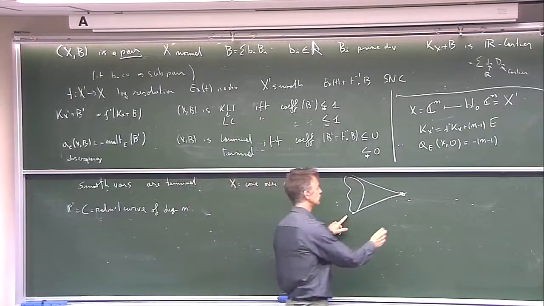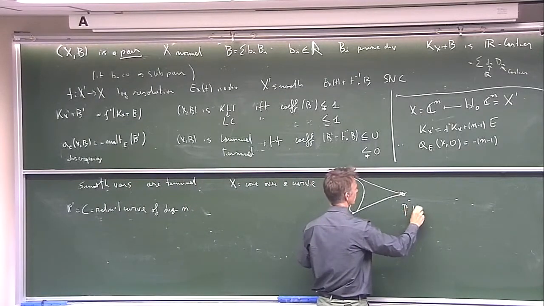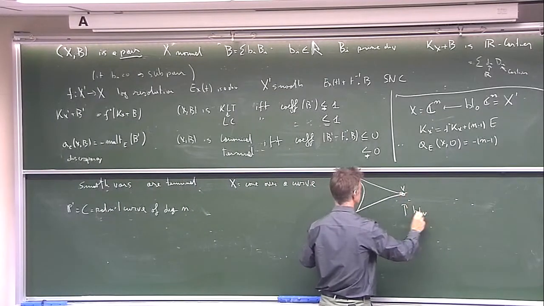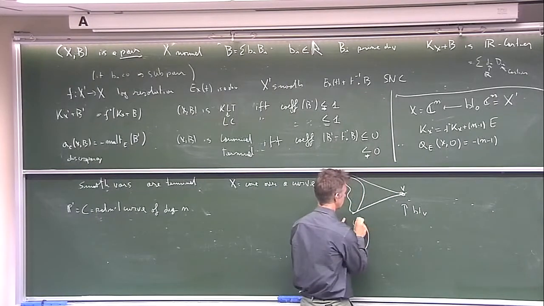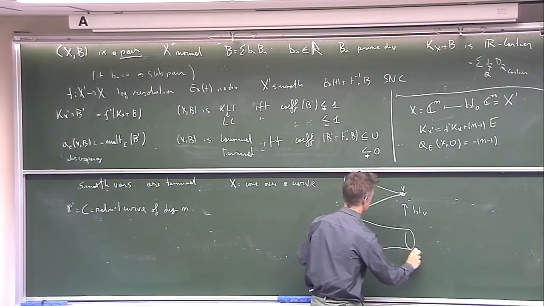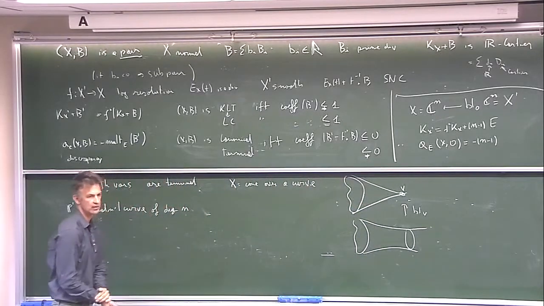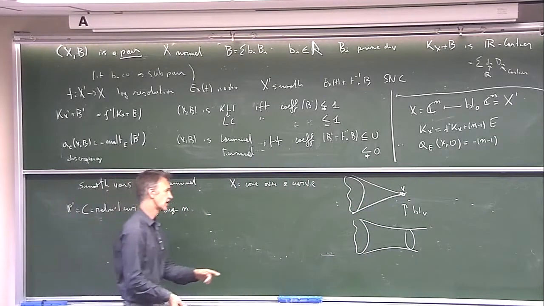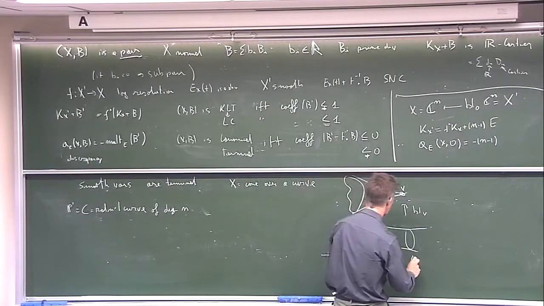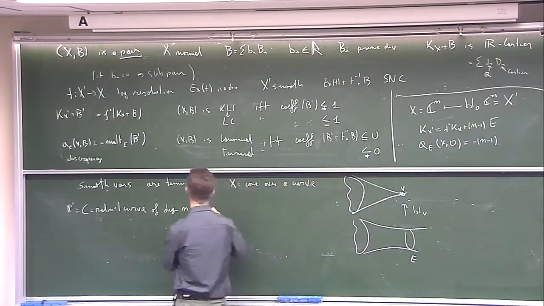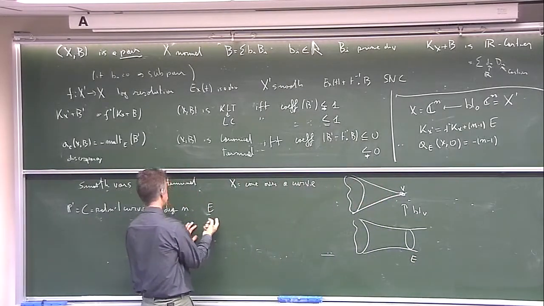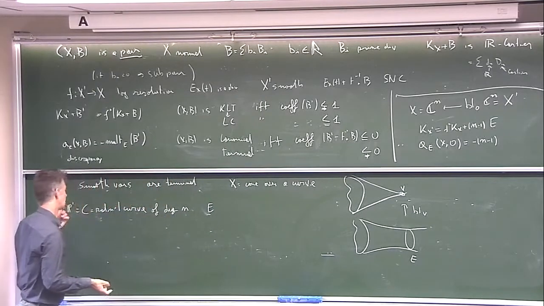OK, so you can resolve this by blowing up the vertex, let's call V the vertex, to get a resolution. You'll get a smooth surface. You'll have an exceptional curve E, which is, of course, a copy of P1.